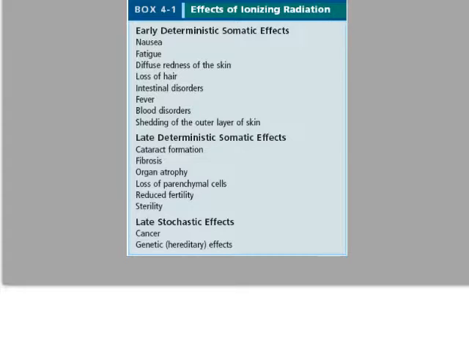Even though those are germ cells, the reproductive organ systems themselves are still made up of somatic cells. So that's worth pointing out: when we're talking about these, we could just call them early deterministic effects or late deterministic effects. The somatic, that word is referring to the soma, or the cells of the body.